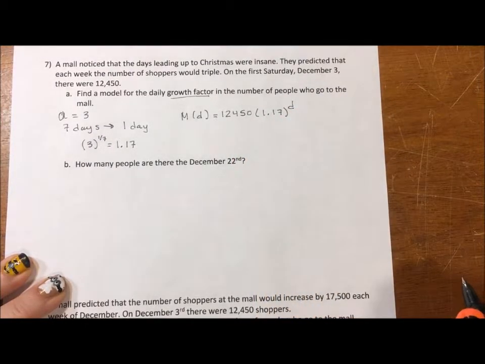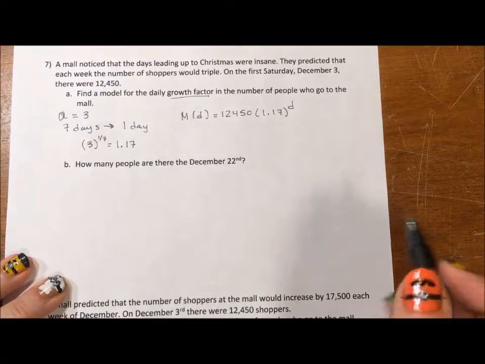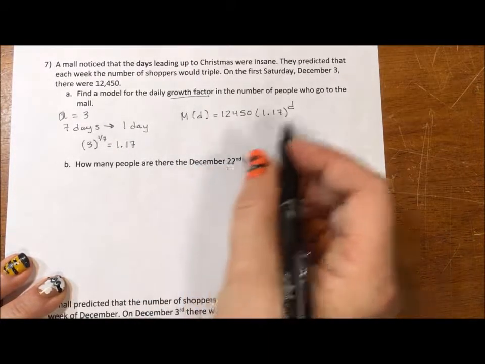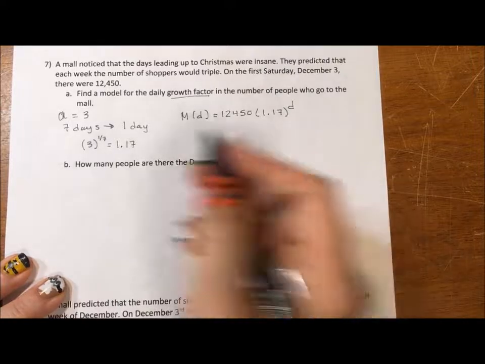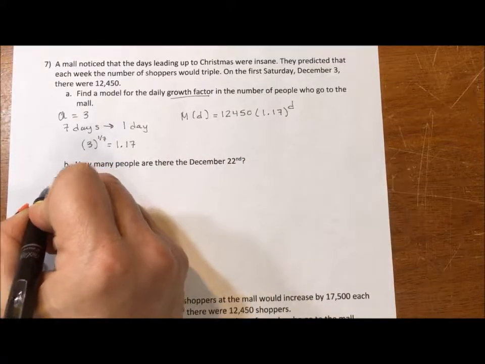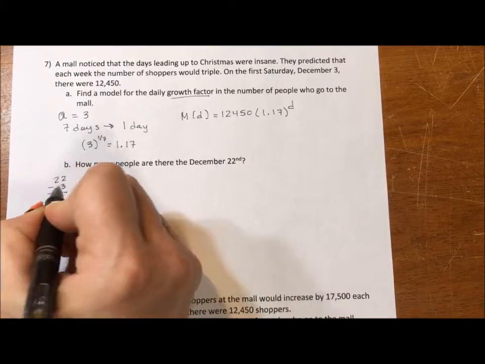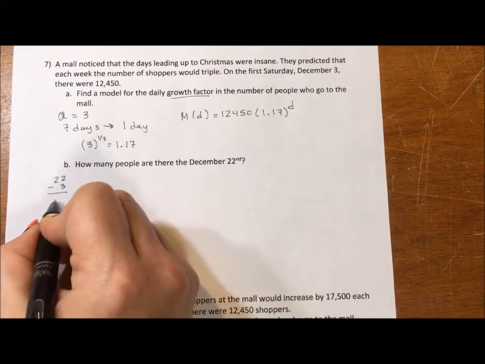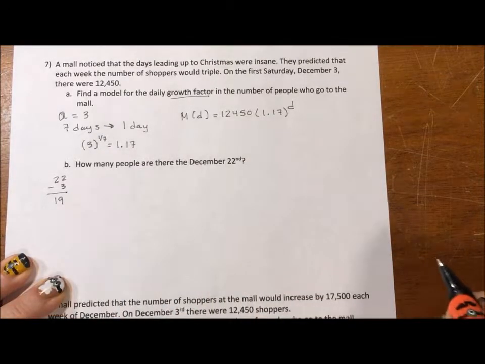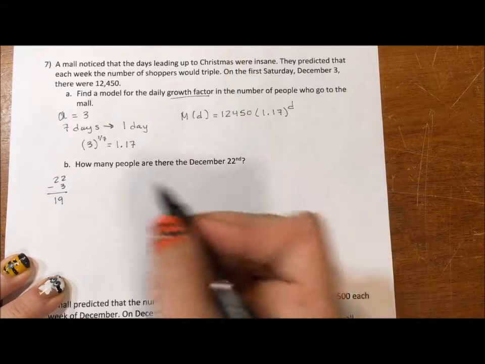Awesome. Now it says how many people are there on December 22nd. Well, if you're starting at the 3rd and going to the 22nd, 22 minus 3 is 19. So we're looking for how many people are there 19 days later.